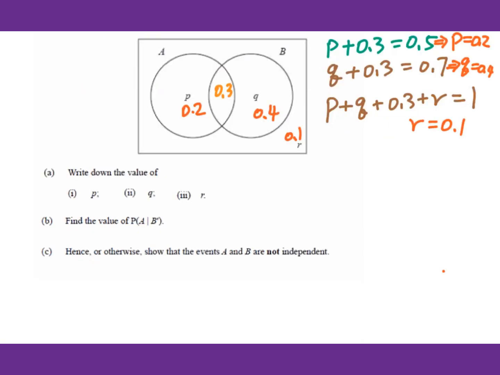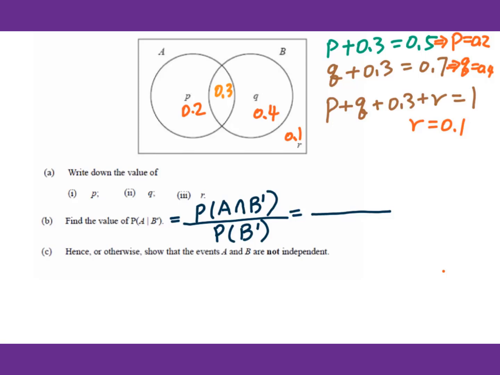Find the value of the probability of A given B prime, which means we're looking for the probability of A intersect B prime over the probability of B prime.